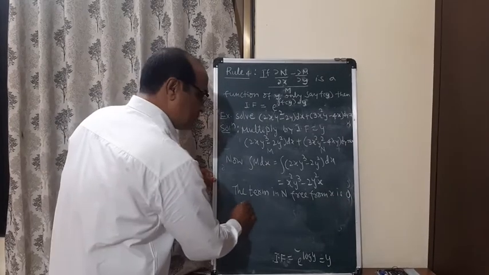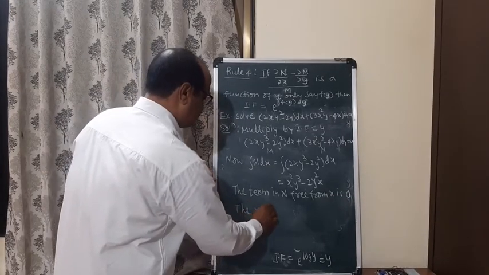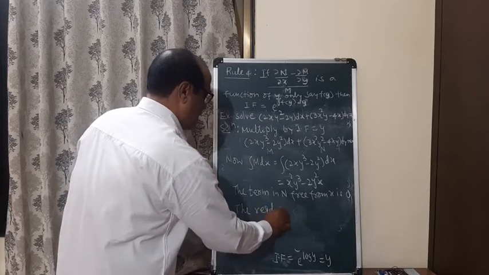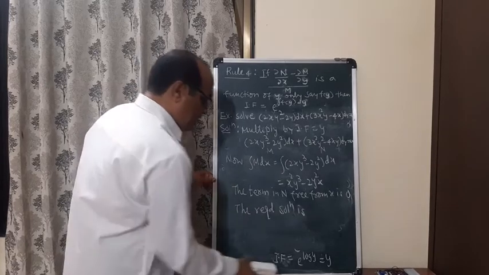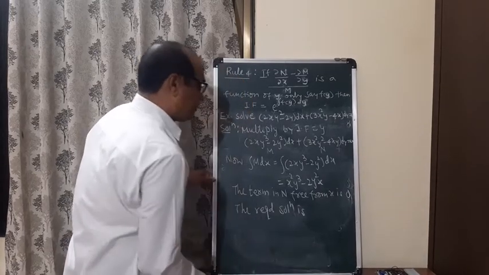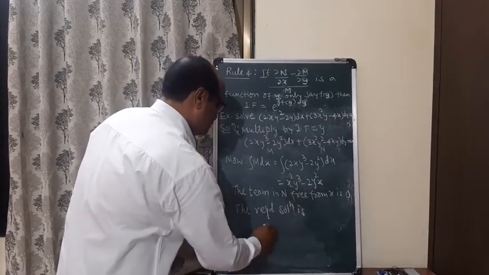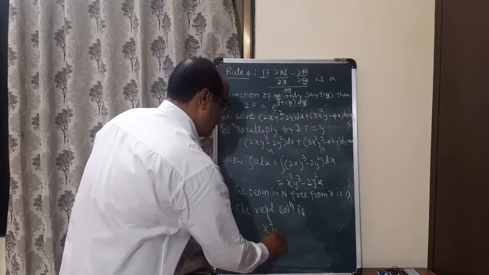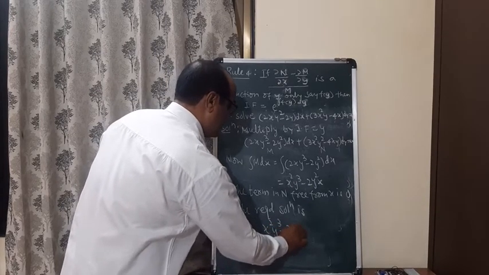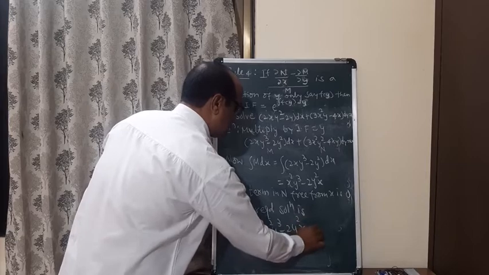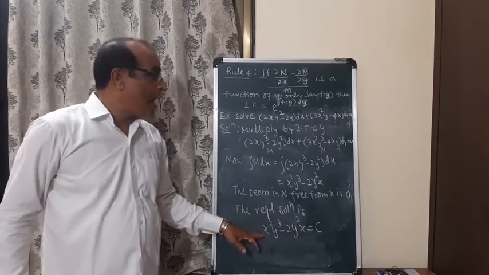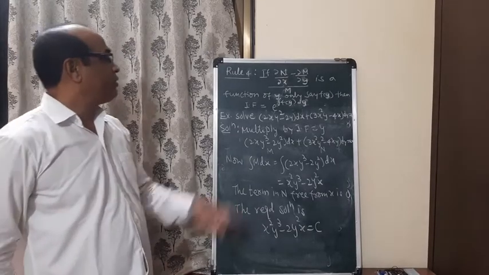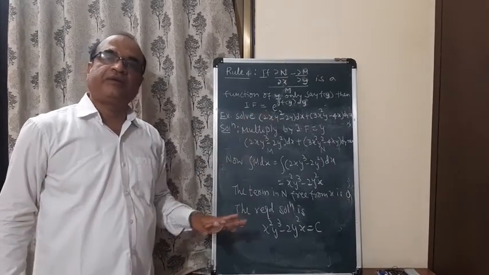Therefore, the required solution is: put this equal to c. So x²y³ minus 2y²x is equal to c. So this is the required solution of this differential equation.